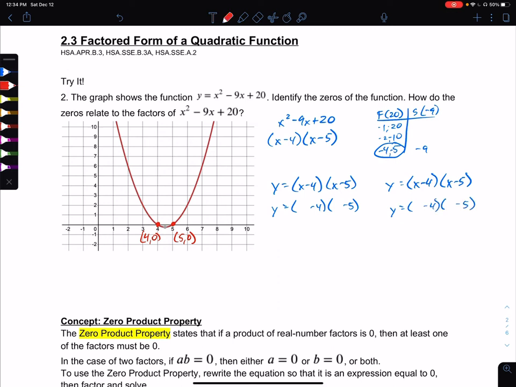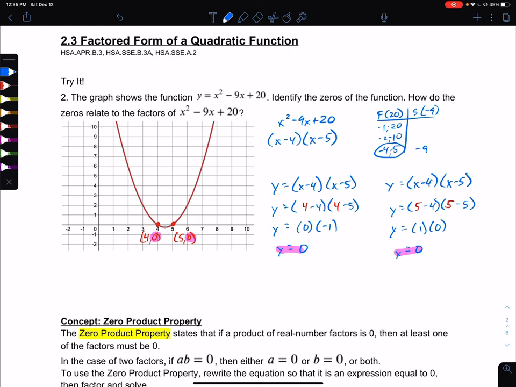So if I take this 4 and plug it in as my x, or if I use the 5, when I simplify this, I'm going to wind up with a y value of 0 for both cases. And that y value of 0 is the y value for my zeros of my graph, where it crosses the x-axis. So what we're looking at here is that the zeros, when they're plugged into your factored form, will give you the y values of zeros.